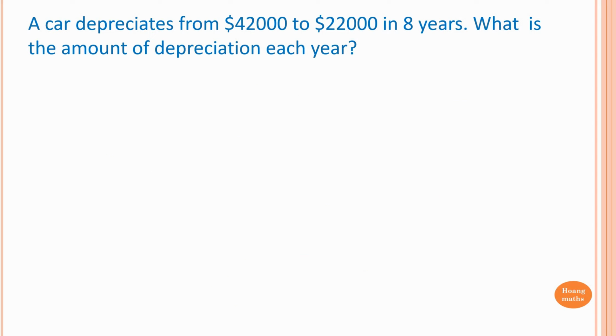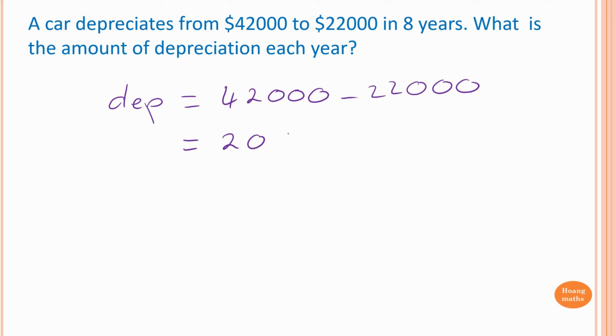Or to work it out mathematically, all you need to do is work out how much it depreciates altogether. To work out how much it depreciates, I just write depreciation is equal to, because it starts from 42,000 minus 22,000. That is 20,000. So it depreciates 20,000 over 8 years.